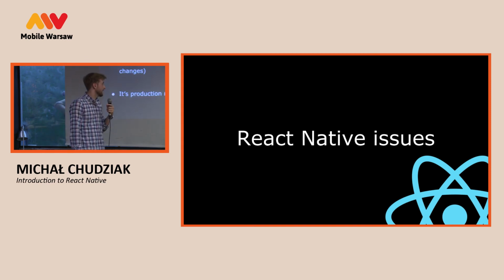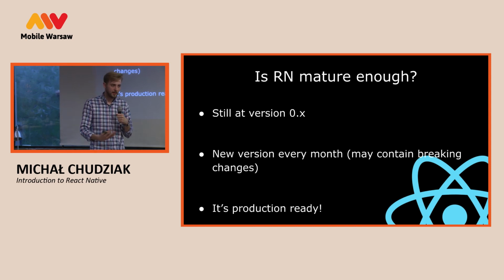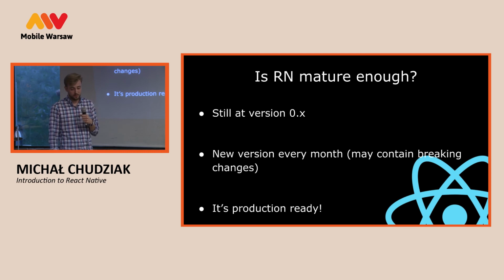Yeah, React Native issues. React Native is still at version 0.x, but it is production ready. We have used it for over a year, and while a year ago it sometimes had problems on Android, now the community has grown larger and more resources are attached to React Native, and it's mature enough to use in production at the moment.